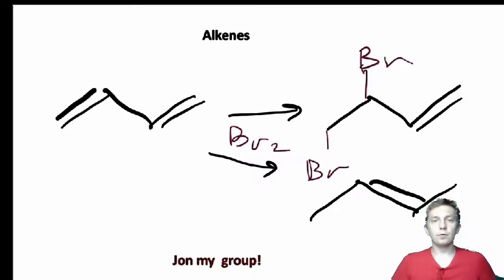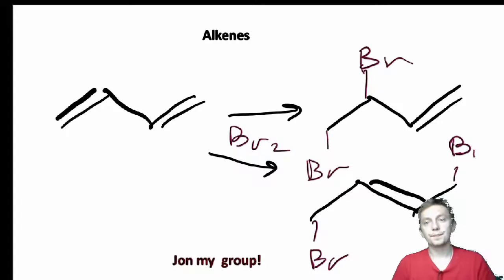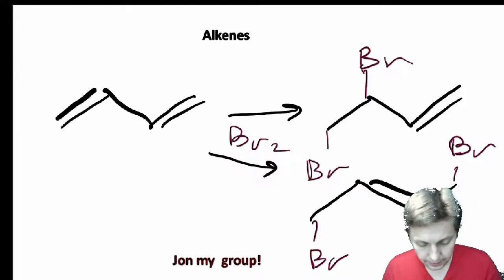Another option for dienes, with two double bonds, is products like this. So if you have alkenes, they are involved in addition.